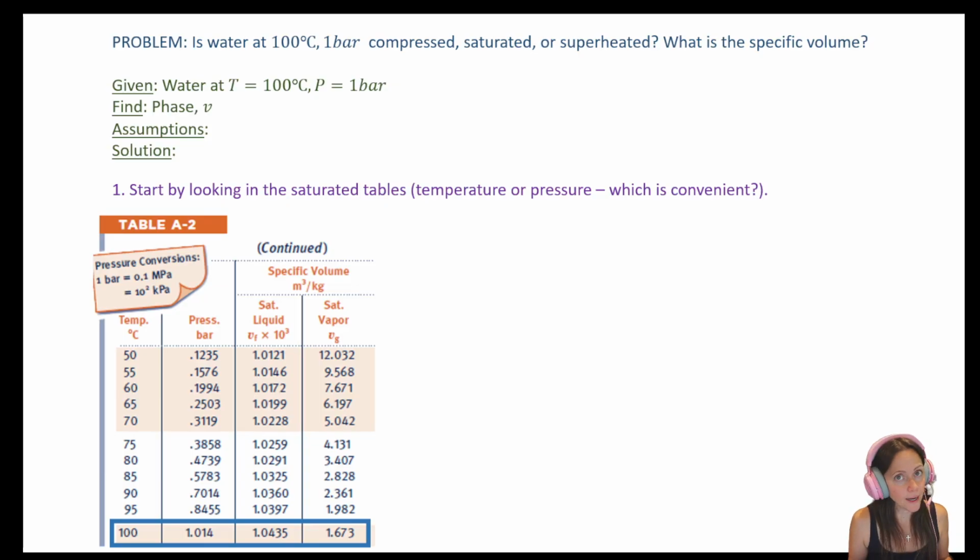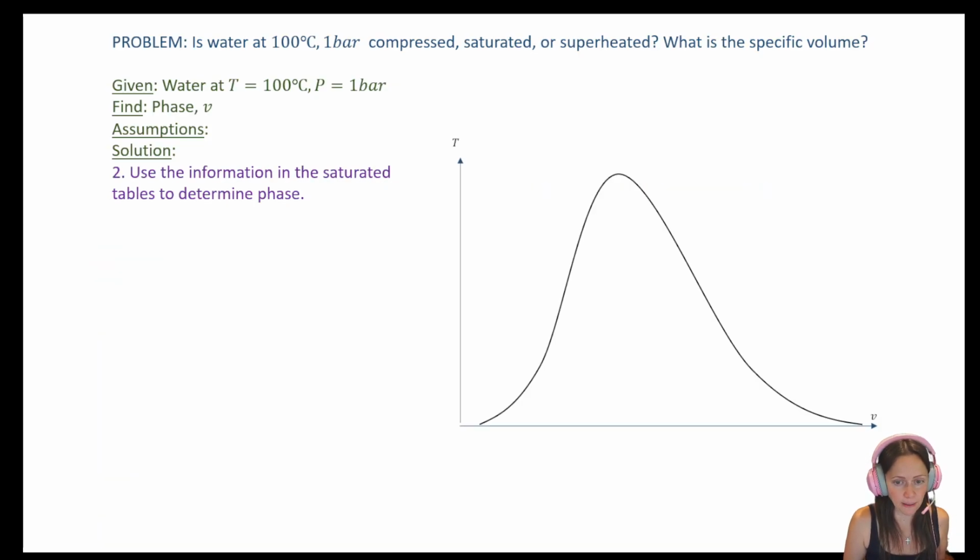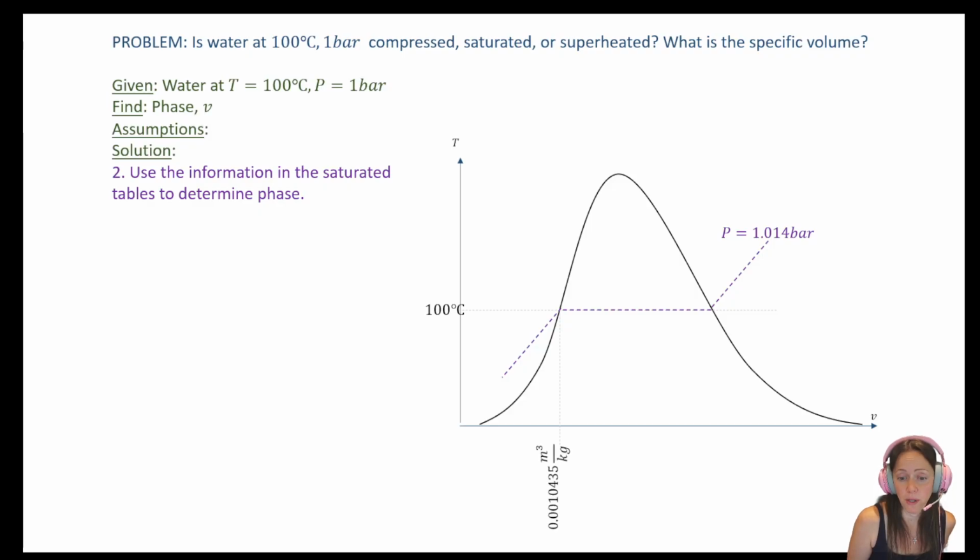So let's reason out what phase it has to be. I'm going to look at my T-v diagram here. At 100 degrees Celsius, I'm going to draw my line of constant pressure where my saturation pressure would have to be, but I'm not at that saturation pressure. I'm not at 1.014 bar. I'm at 1 bar. Let's take a look at those numbers over here on my chart.